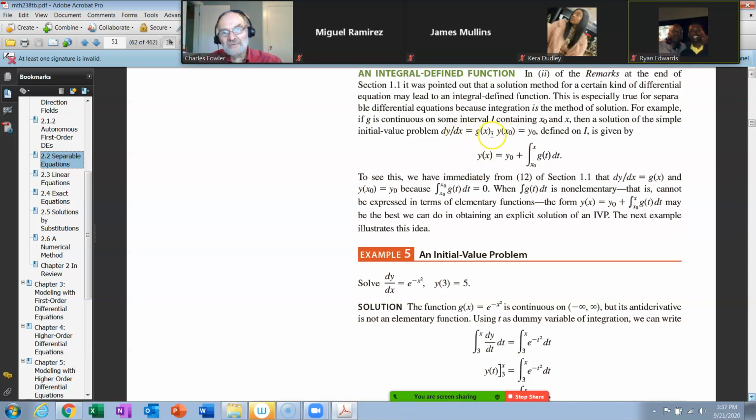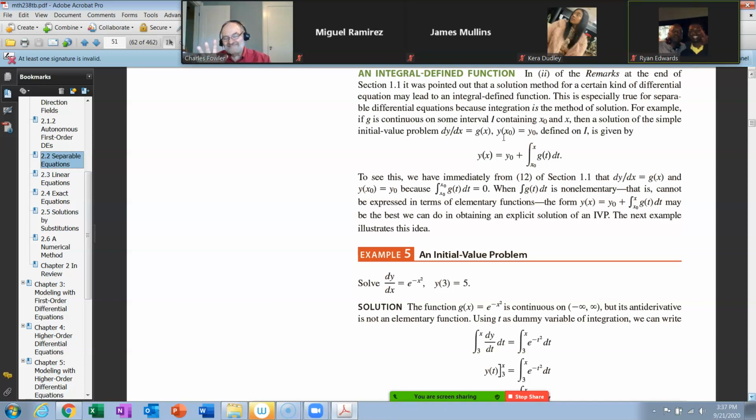Dy is equal to g of x dx. Integrate that, you get y of x is equal to basically an indefinite integral of g of t dt.